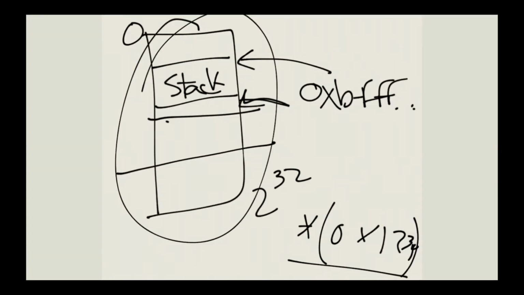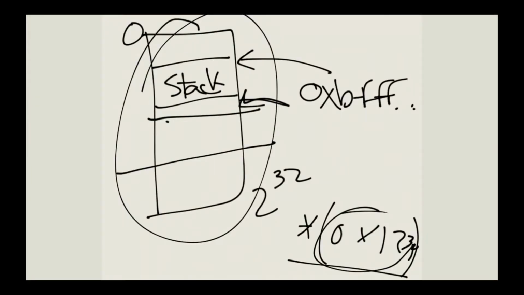So when you see a pointer like 0xBFFFFFFF, within any given program you can construct any arbitrary pointer anywhere from 0x0 to 0xFFFFFFFF. Wait, didn't you say they're 4 bytes? Yeah, and each byte will have hexadecimal digits, like 5, 6, 7, 8.